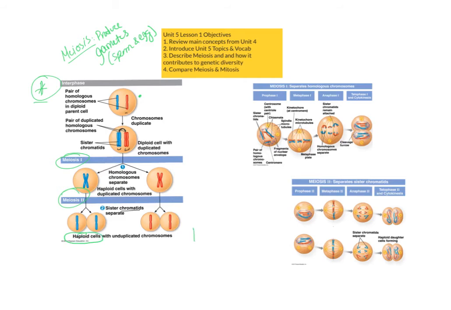And I like to think of the term haploid as referring to half of the original genetic information, or in other words, one set of the chromosomes. The other term that you'll see that looks similar is diploid, and that just refers to two sets of the chromosomes.